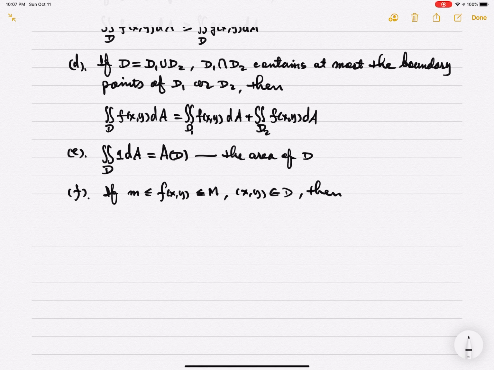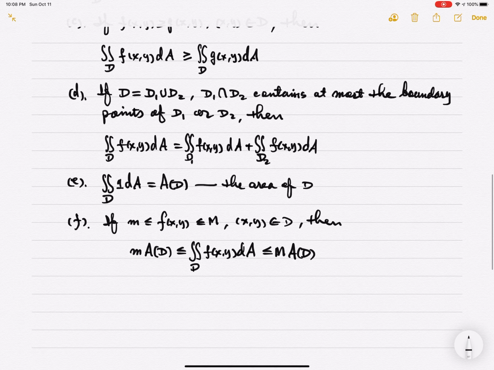Well, if you integrate the left hand side, m will move out, and that's like an integrand of 1, that's just the area of D. So this tells you the double integral is bounded if the area of D is finite. So m times the area of D. Okay, so that's easy to show.